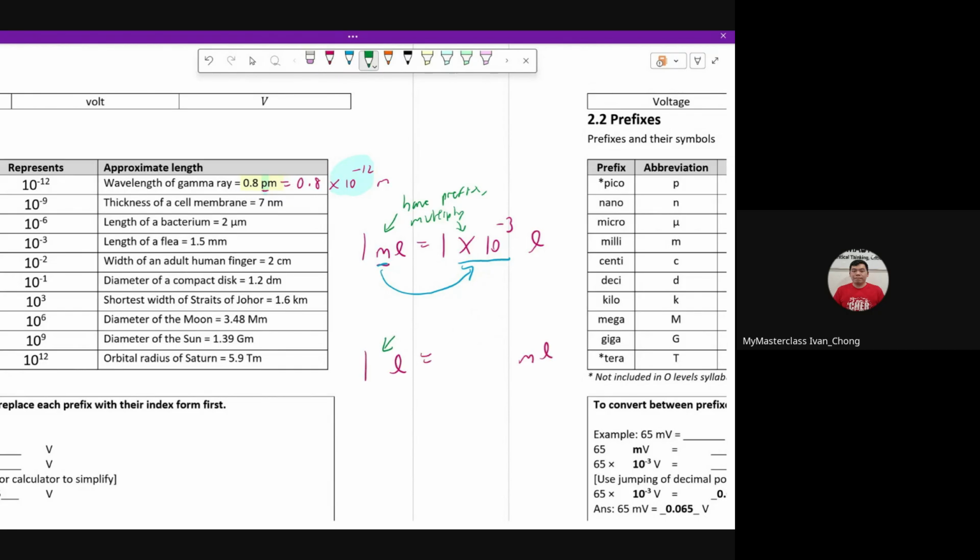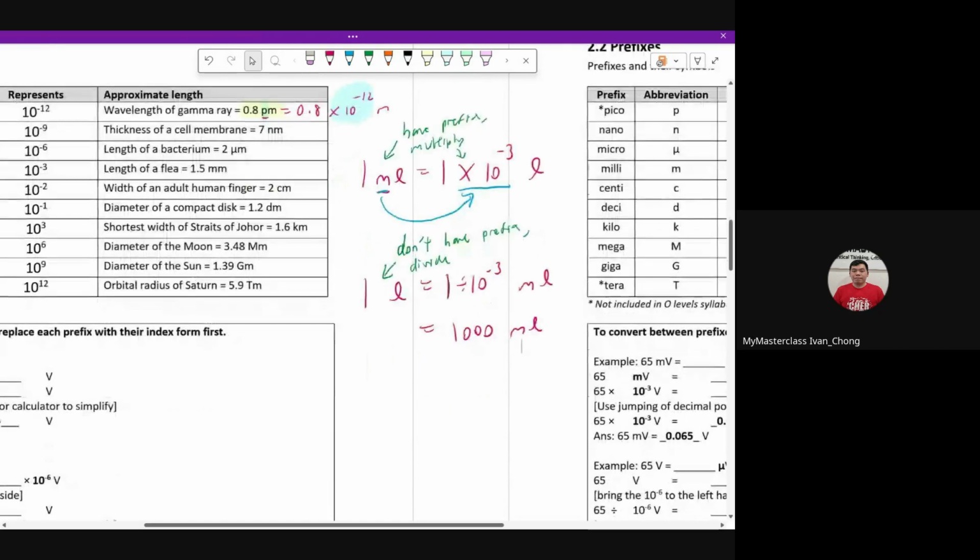On this side you don't have the prefix, so we will divide. Instead of times, we now divide by the same value, 10 to the power of minus 3. You press this in your calculator and this is actually 1000, which makes sense, right? Because 1 liter is 1000 milliliters.